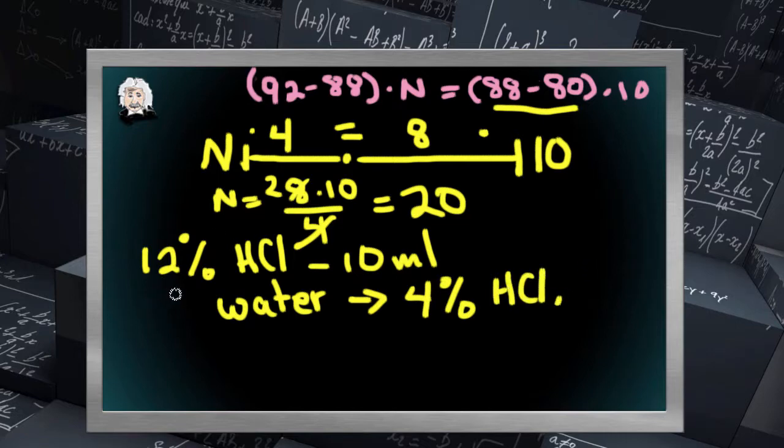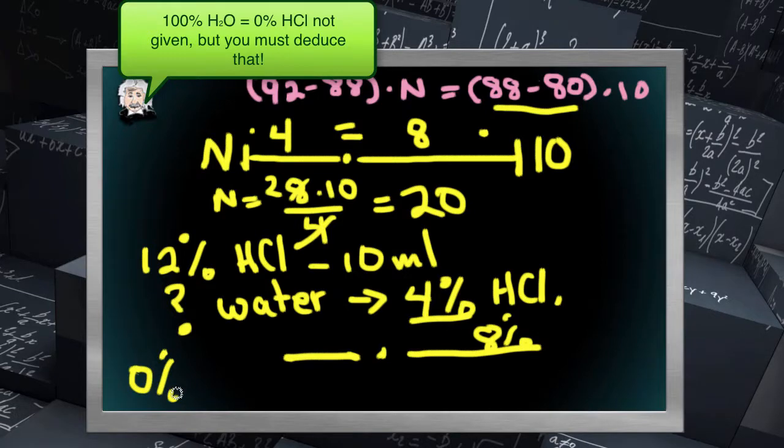How much water do I have to mix that with? Well, the problem is very similar. If 4 is the intended target and I have 12%, that means I want to reduce it by 8%. And water, we know, is 0% hydrochloric acid. There is no acid in the water.